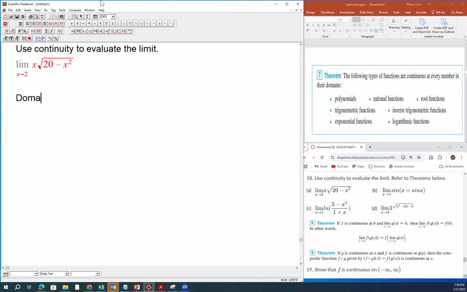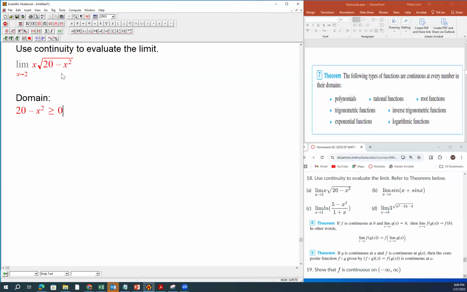So let's find out the domain. The only part in question is 20 minus x squared inside the square root. When we determine the domain, we take 20 minus x squared and make sure it is greater than or equal to 0.